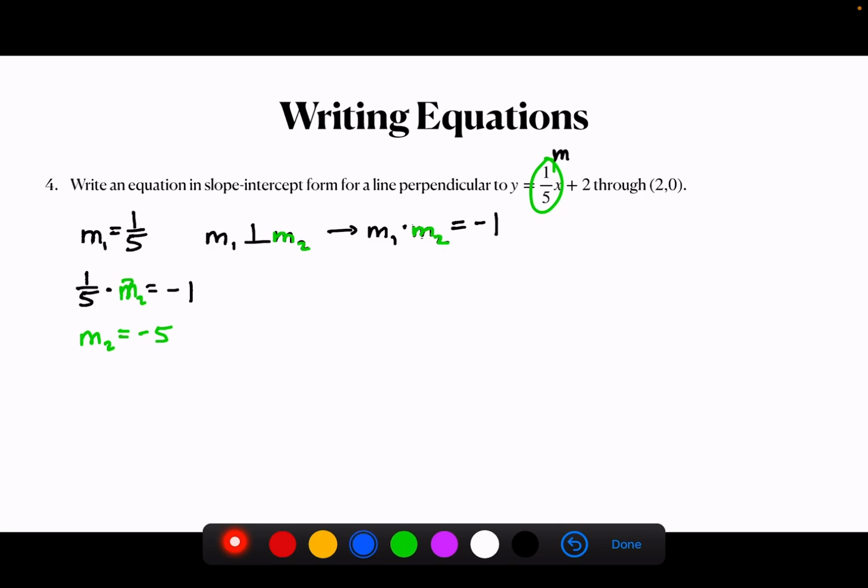And once again, look at this. We have x1, y1. And so we're going to take this and plug it into our point slope form.